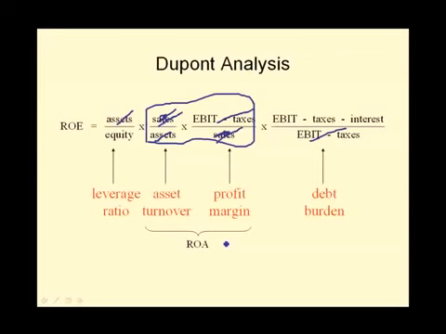To see how to use DuPont analysis as a way to understand the performance of the firm, let's review the meaning of each of the component ratios briefly. The focal ratio in DuPont analysis is return on equity.